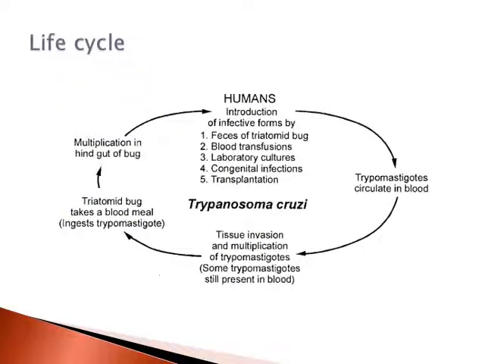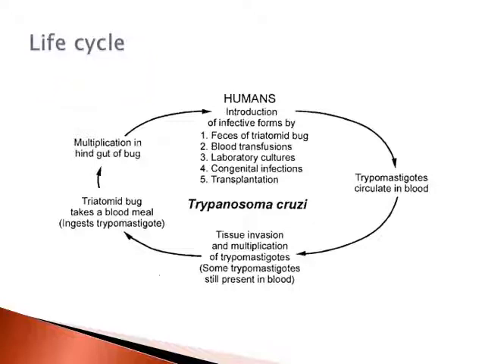Concerning the life cycle, it begins with introduction of the infective forms by feces of triatomid bugs, blood transfusion, laboratory culture handling, and also congenital infection and organ transplantation.